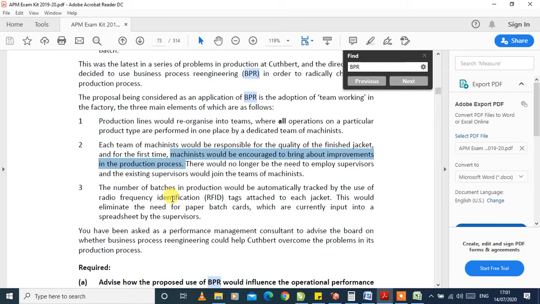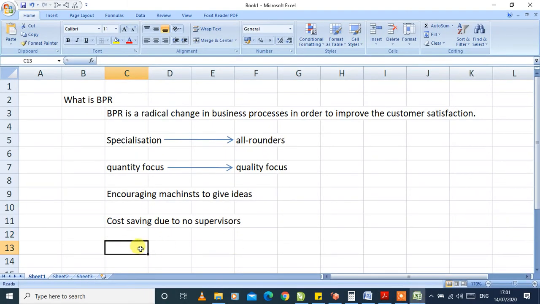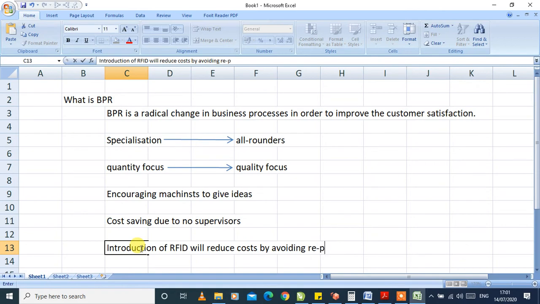Yeah. So RFID, introduction of RFID, or deployment of RFID will reduce costs by avoiding repurchases, saving time in bookkeeping or whatever the paper system they have, that can be avoided.